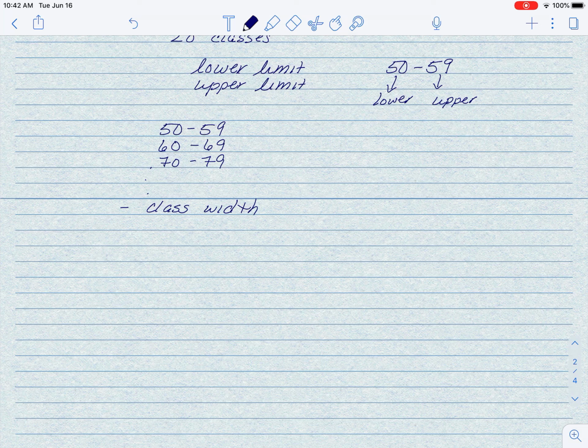When we talk about class width, it's the distance between two consecutive lower class limits.